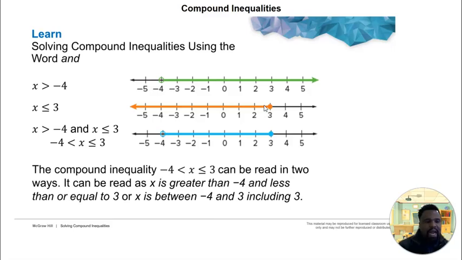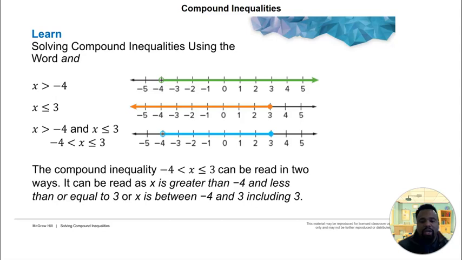So let's take a look. When we use the word "and," both inequalities have to be true in order for the whole statement to be true. In this instance, I've got x is greater than -4. Remember, it's an open circle on -4 going to the right. And then I've got x is less than or equal to 3.